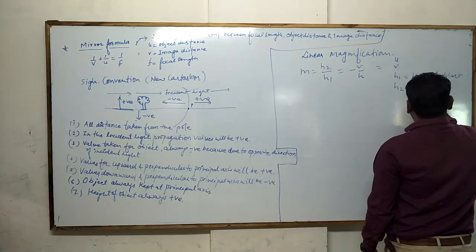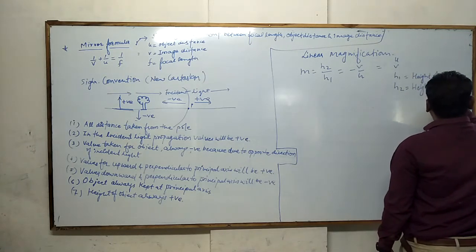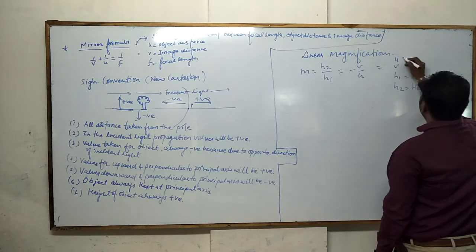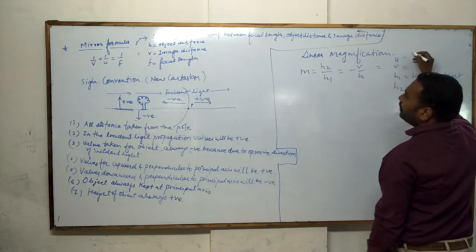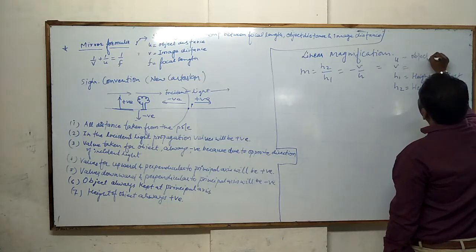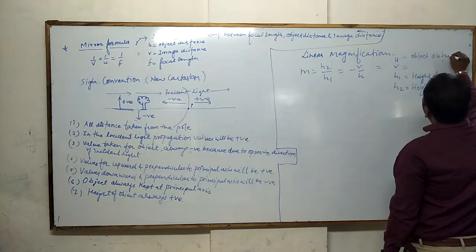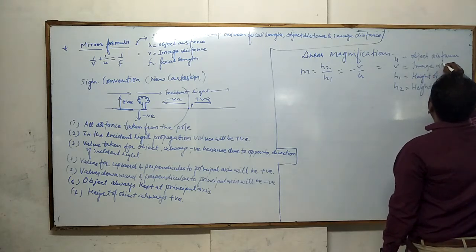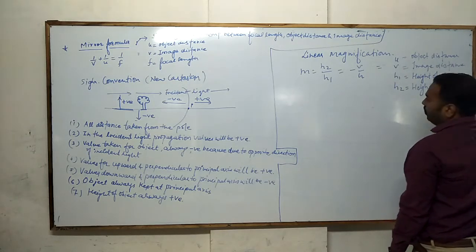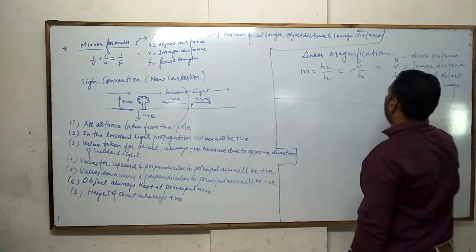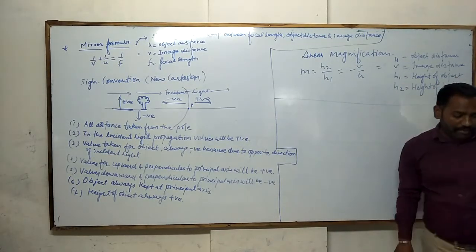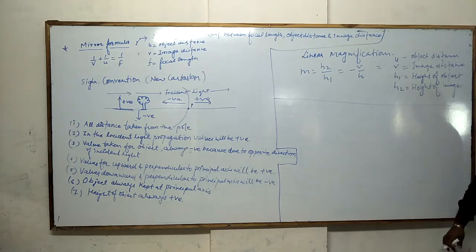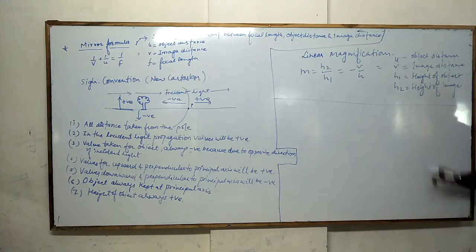Height of object, height of image, object distance, and image distance. So this is M, the linear magnification: h2 upon h1, or minus v upon u. Here u is the object distance, v is the image distance, h1 is the height of the object, and h2 is the height of the image.